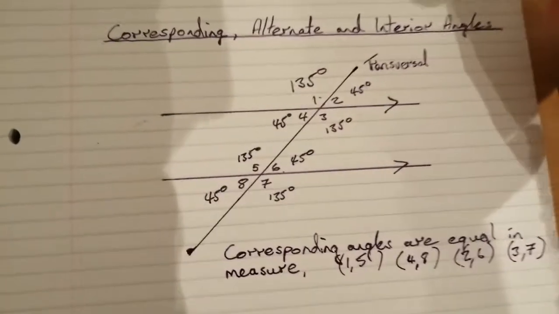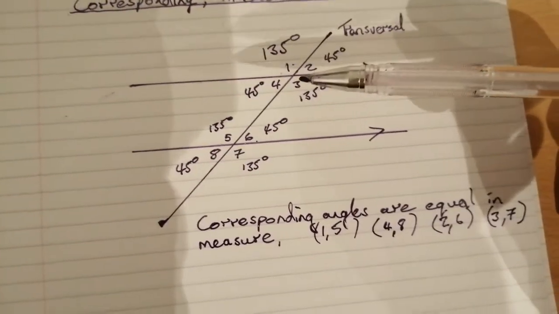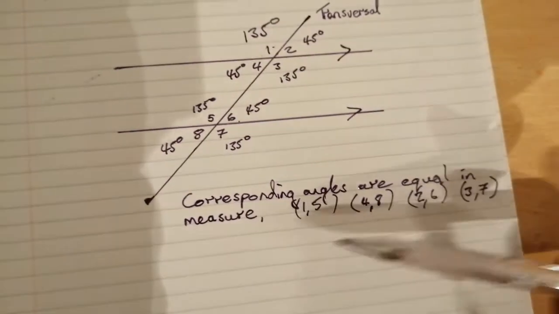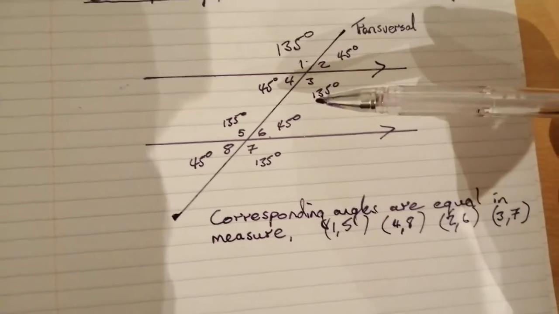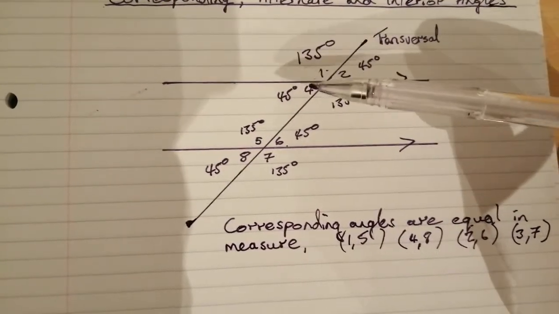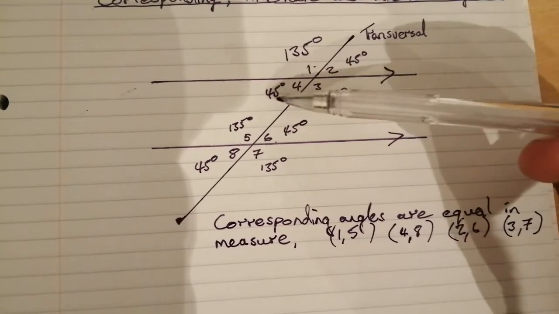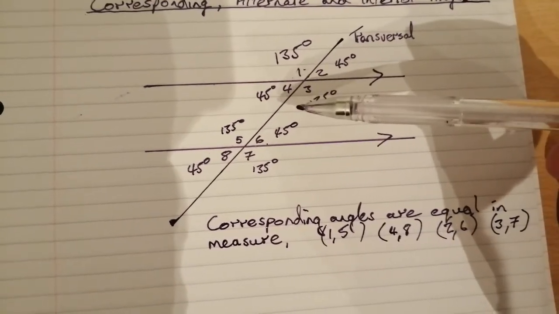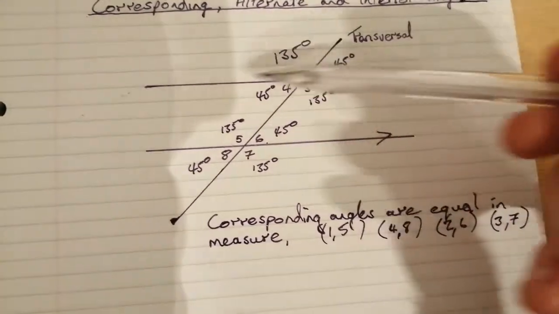Okay, the next one is alternate angles. So alternate angles, there are only 2 pairs of alternate angles. We see there are 4 pairs of corresponding, but in this drawing there are 2 pairs of alternate angles. And alternate angles are always on alternate sides of the transversal, opposite sides, and they're in between the parallel lines.